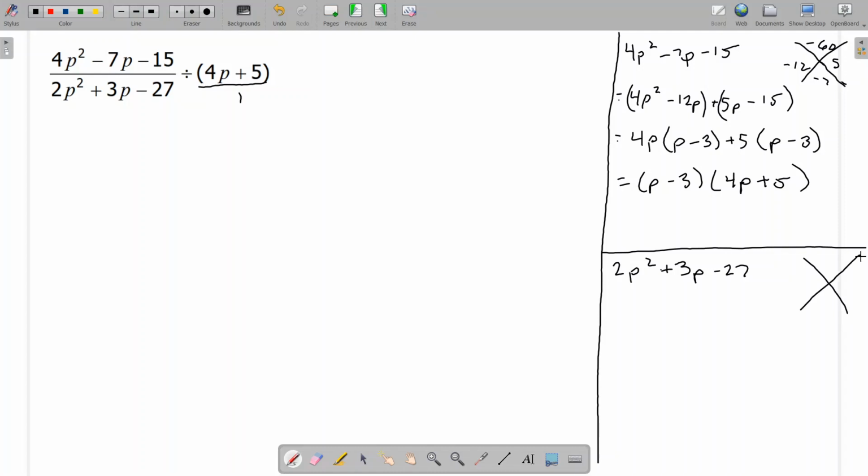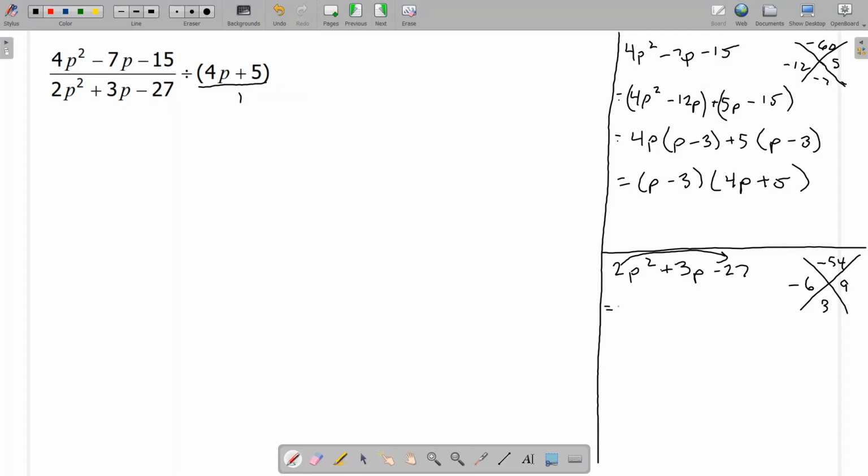For the denominator, we need to find two numbers that multiply to negative 54. And remember, I'm getting that by doing the first times the last, that a times the c value. And we need to add to the middle value b, which is 3 here. So that would be a negative 6 and a positive 9.